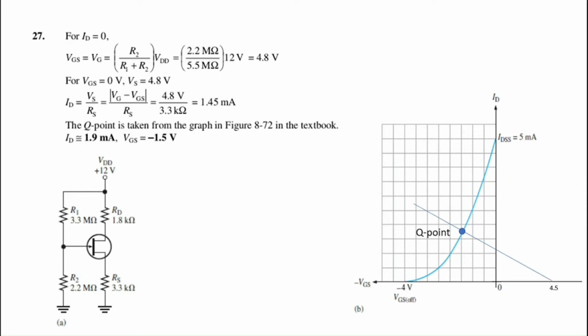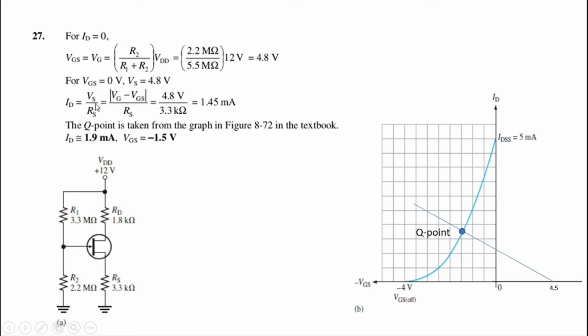To determine your second point, you have to set your VGS equal to 0. When you set VGS equal to 0, your VG is equal to your VS. To determine your ID, you can divide your source voltage by your RS, so VS upon RS is equal to ID.